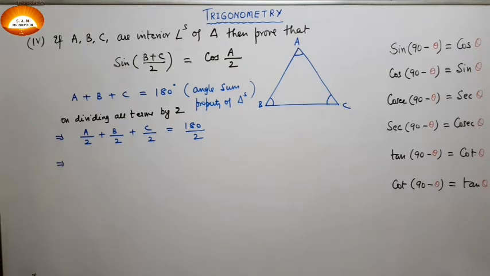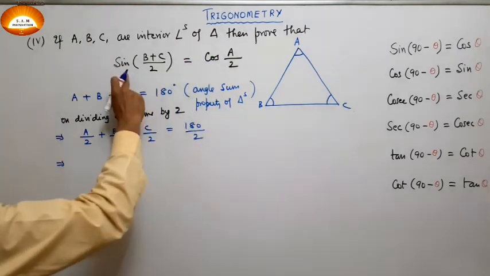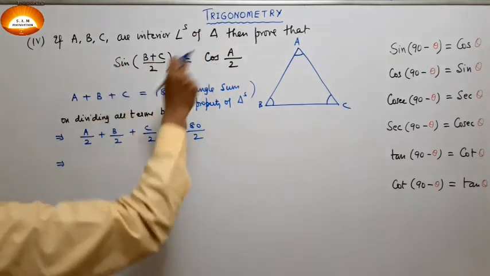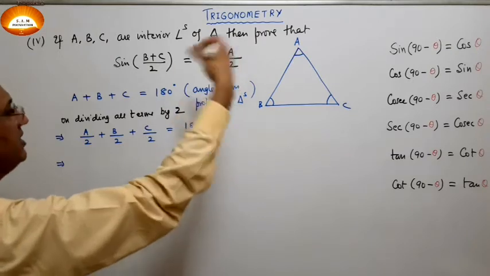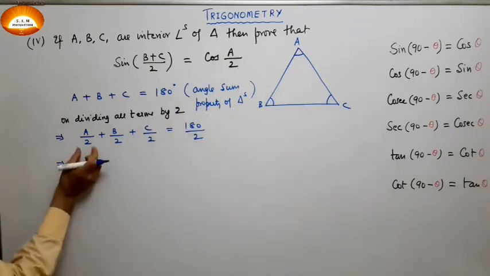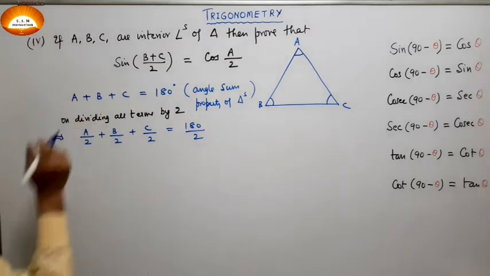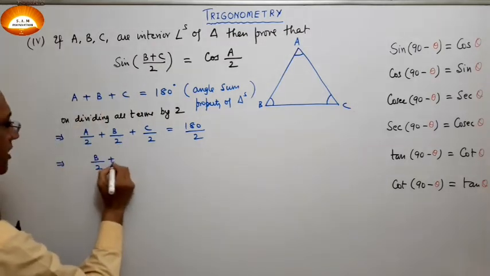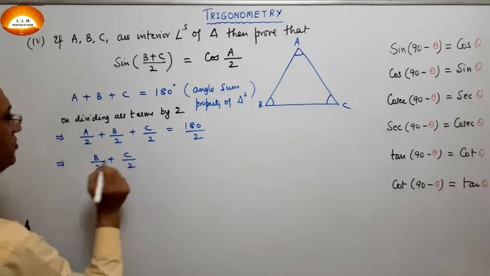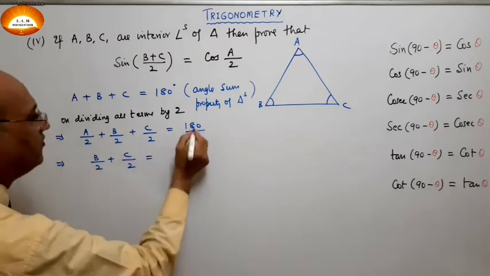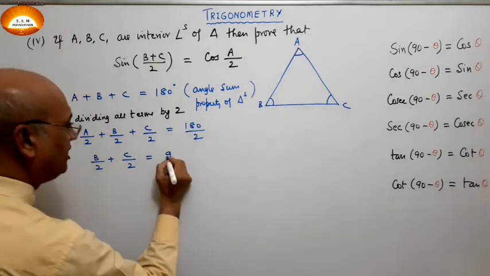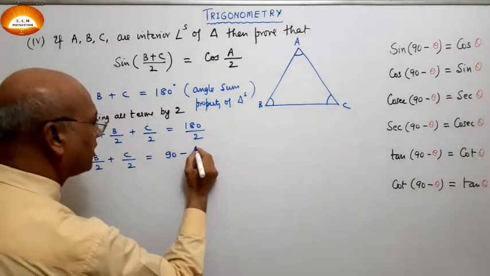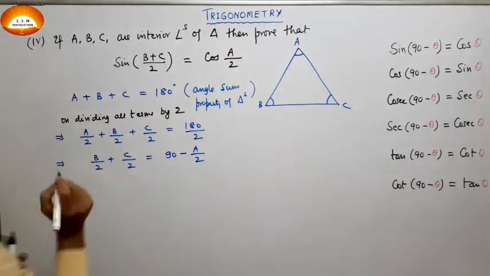Now see here what you have to prove: B plus C upon 2. That means B and C are on the left hand side and you want to get A on the right hand side. So what you are going to do is transfer this A by 2 to the right hand side. So here I am writing B upon 2 plus C upon 2 on the left hand side, and 180 upon 2 we can get as 90, and this plus A by 2 goes that side, it becomes minus A by 2.